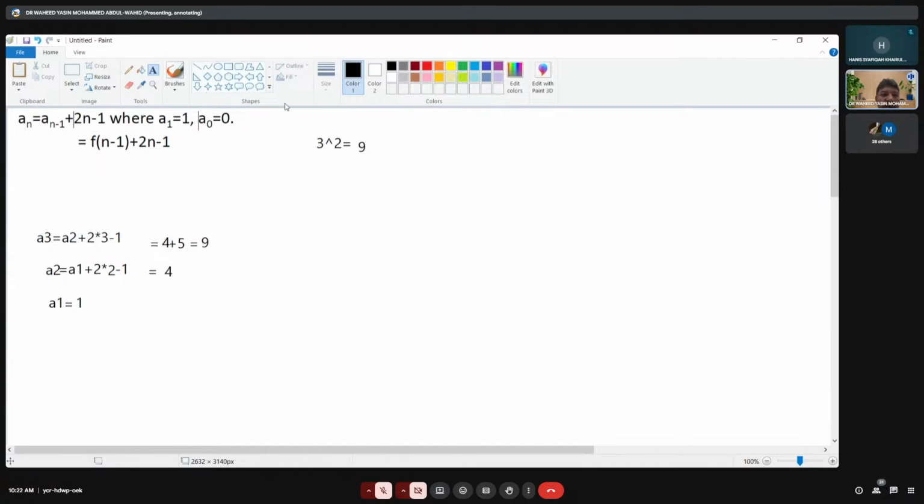A1, what is A1? It is 1. So now 1 plus 2 by 2 minus 1: 4 minus 1 is 3, 3 plus 1 is 4. Then 2 multiply 3, 6 minus 1, 5. 5 plus 4 is 9. So 3 power 2 is 9.